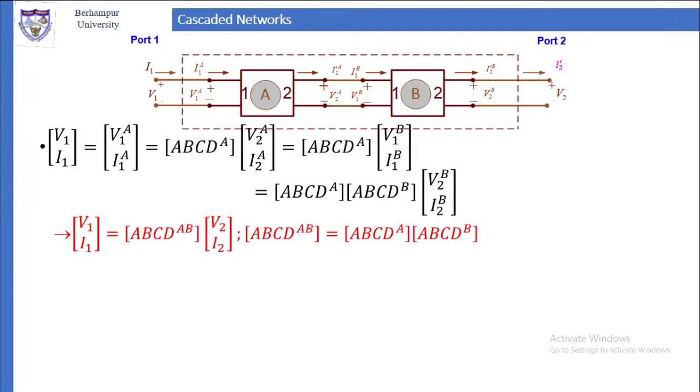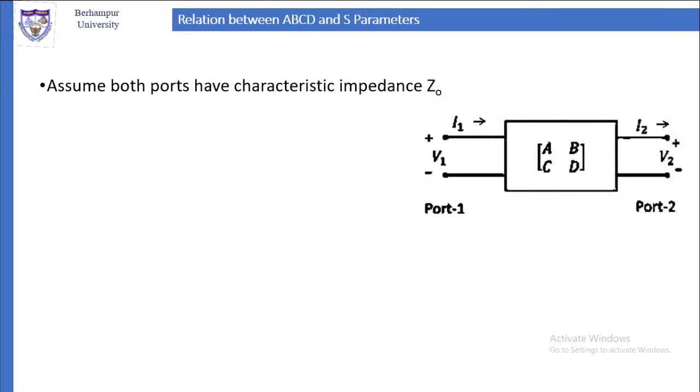Now you know what V2B and I2B are. V2B is same as V2 and I2B is same as I2. Therefore V1 I1 is equal to ABCD of AB into V2 I2, where ABCD of AB is ABCD of A into ABCD of B. So this is simple matrix multiplication.